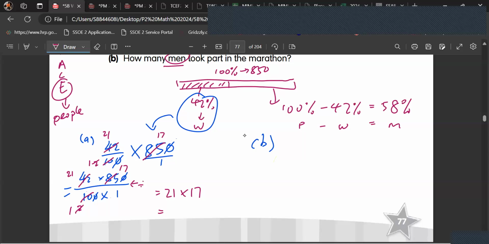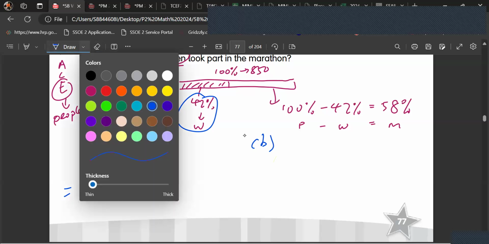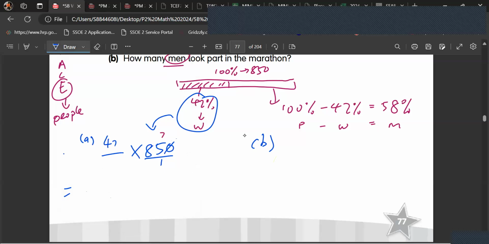How did I get 17? Okay, one more time, slowly. I'm going to rewrite the same thing one more time. 42 out of 100.